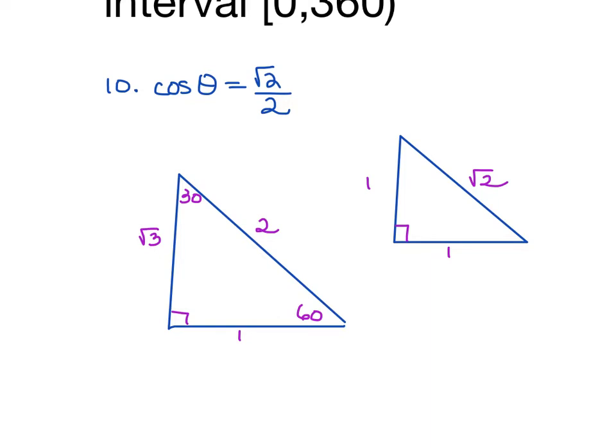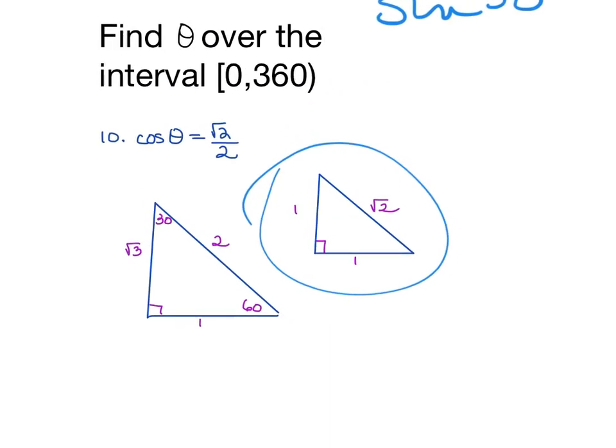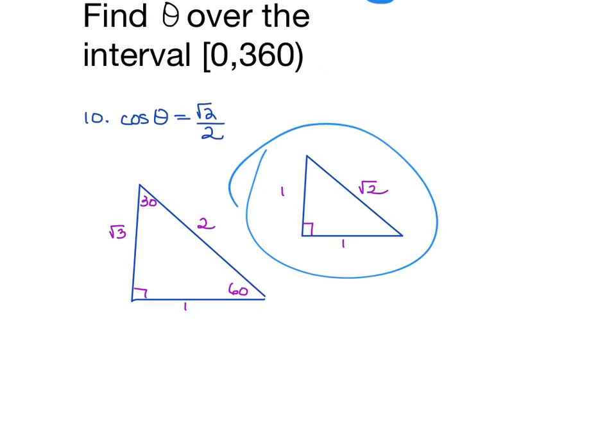But for that one, you need to figure out which is your reference angle. Is it the 30 or is it the 60? And we're going to see how we're going to do this. So for this one, it's got square root of 2. So that's a clue that I'm using this one, the 45, 45. So my reference angle here is the 45 degrees.